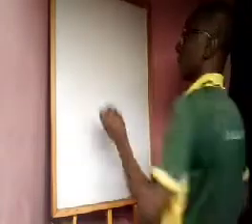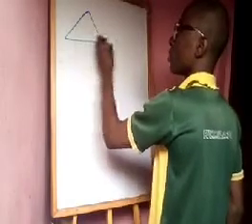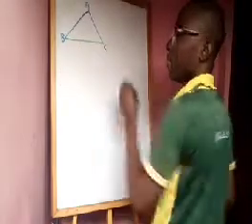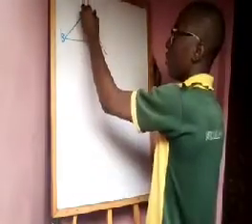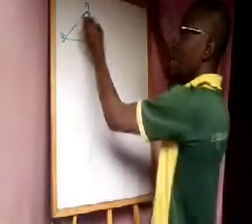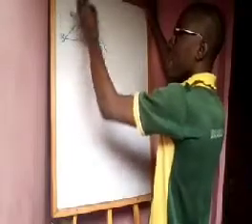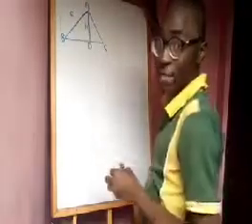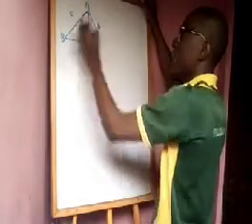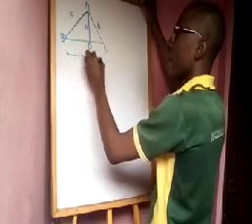Now assuming you have a triangle ABC, and then you have a height of the triangle from A to D. Let's call this AD the height H. Let's call AB side C. The length of side AB will be C. The length of side AC will be B. The length of side BC will be A in total.